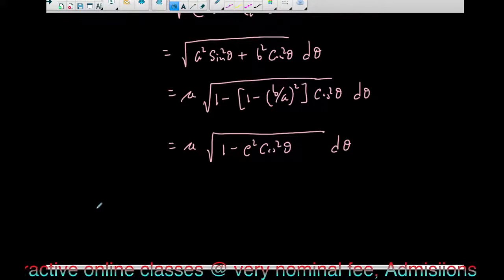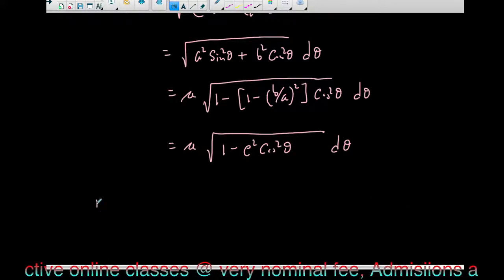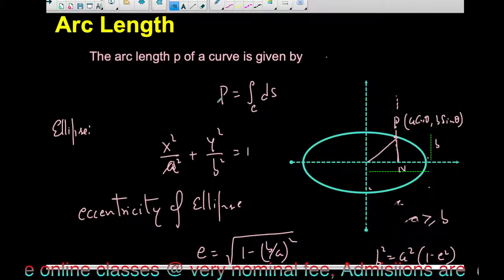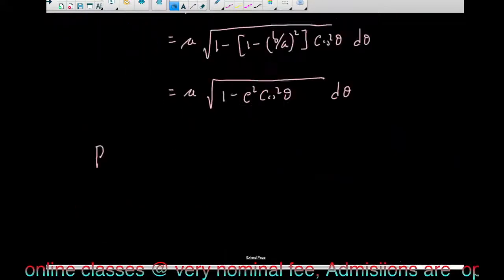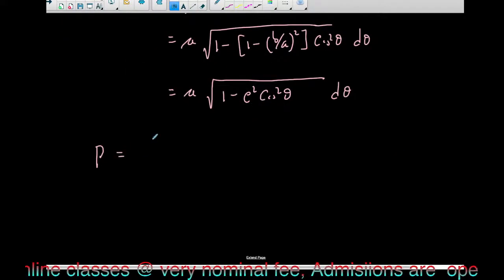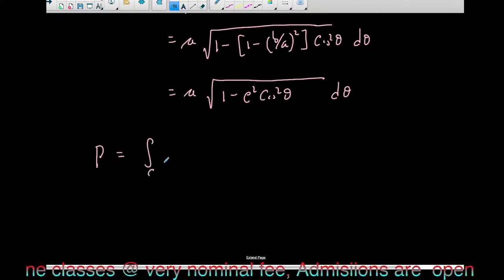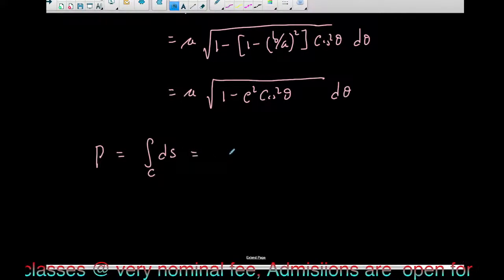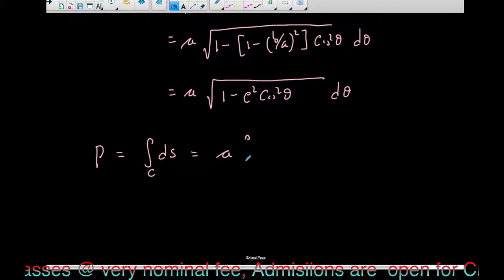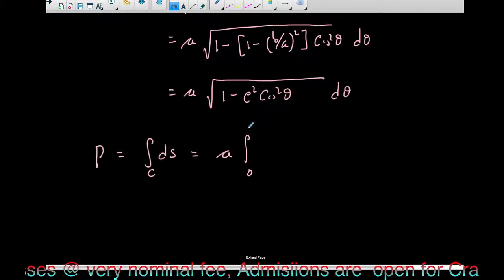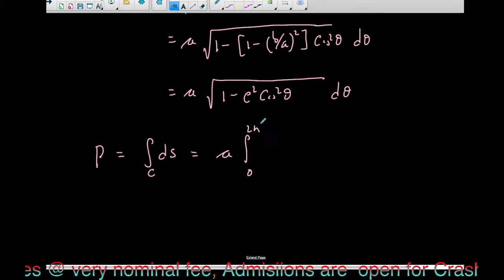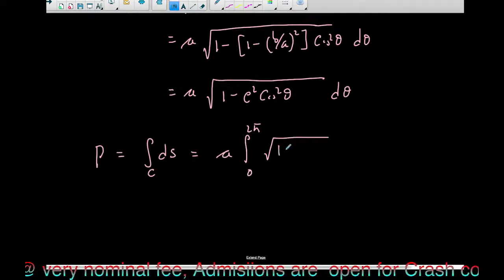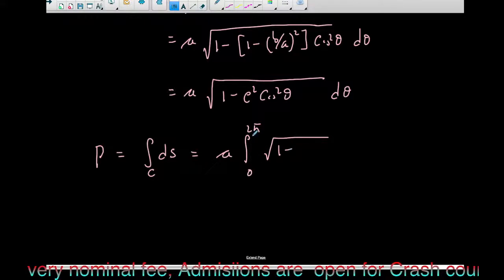So actually we have to find the arc length. What is the arc length formula? The arc length is p equal to the integral of ds. So along this curve, you have to integrate the integral of ds. That is a into the integral from 0 to 2 pi of the square root of 1 minus e square cos square theta d theta. Why am I writing 2 pi?